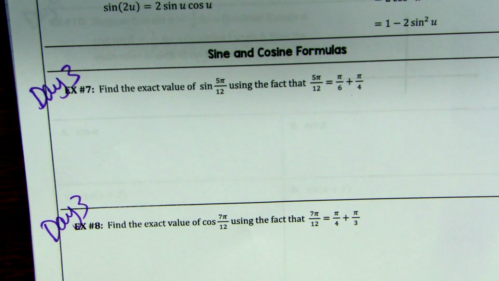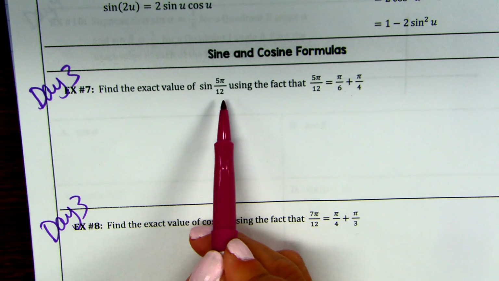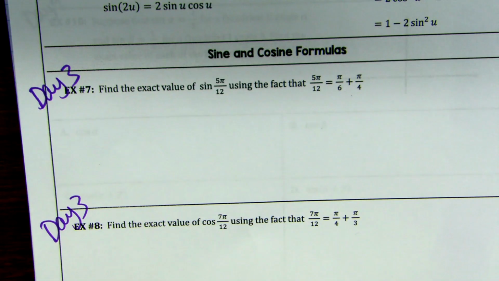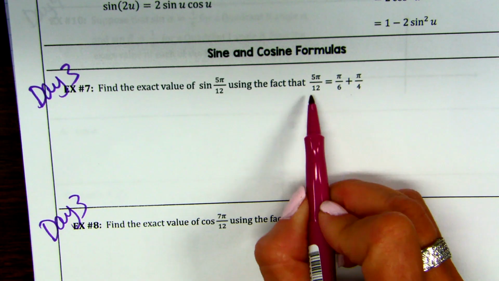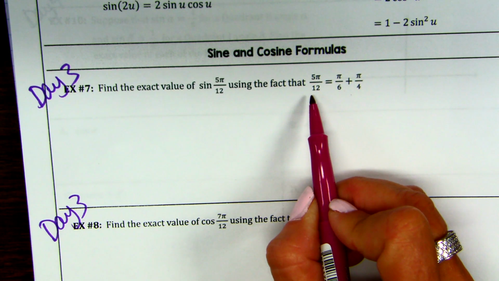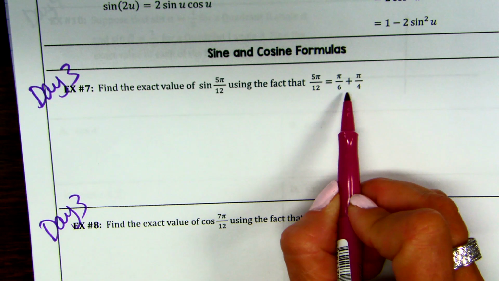So what do we do if they say, what's the exact value of sine of 5 pi over 12? You'd be like, my teacher didn't make me memorize that one. I have no idea. That's what sum and difference formulas, and then tomorrow double angle formulas, are for: to find exact values of non-standard angles. So what we do is we come up with two angles that add up to 5 pi over 12, and I'll show you how easy it is.